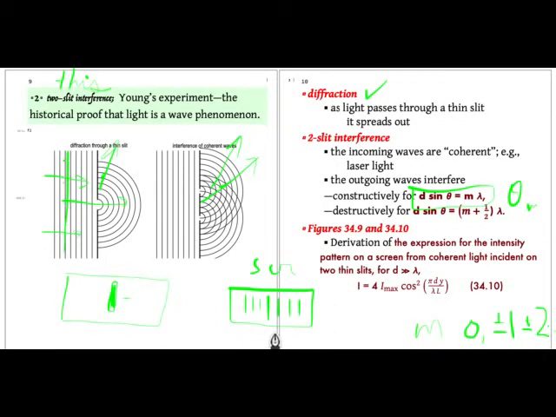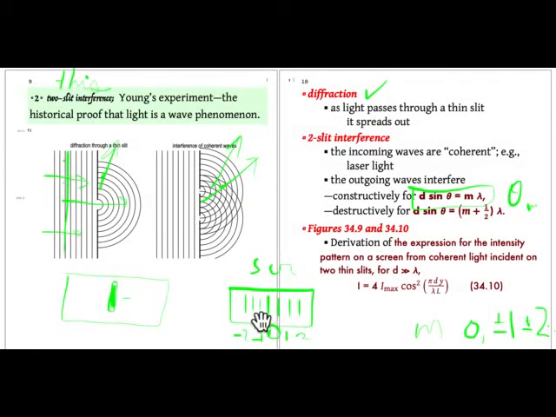So here is the central fringe. That's m equals 0. Here is plus 1 and minus 1. That's the nearest fringes to the side. And here is plus 2 and minus 2.